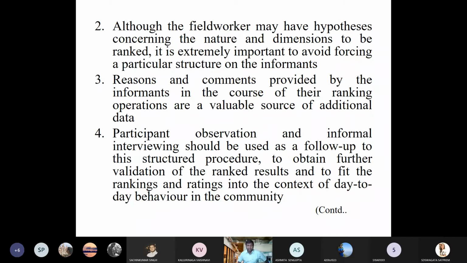When I continue with informal interviews and participant observation, I get lots of information which will help in measuring the reliability and validity of my scale, because I am collecting information not only by using these scaling techniques, but also through participant observation and informal interviews with the respondents.